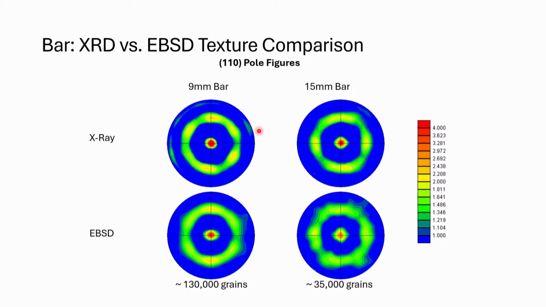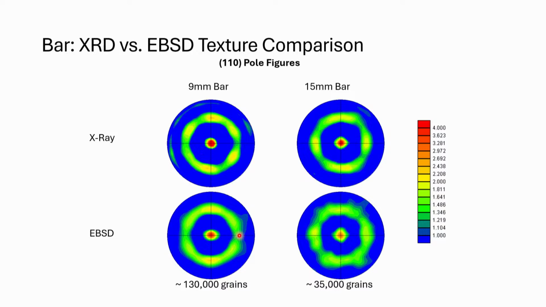All right, so the X-ray textures, there's the 9 millimeter, 15 millimeter one. If we take the maximum number of measurements that we used for EBSD, about 130,000 for that 9 millimeter bar, we get a pretty reasonable correlation, right? They're not exactly the same.